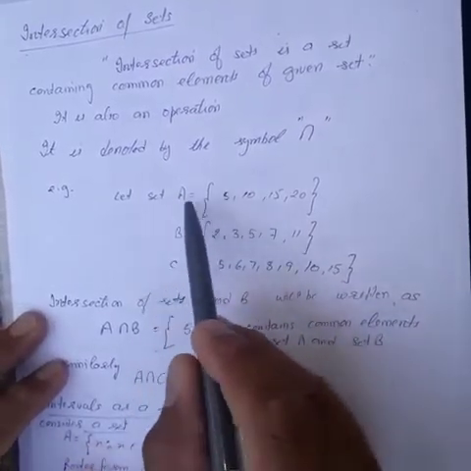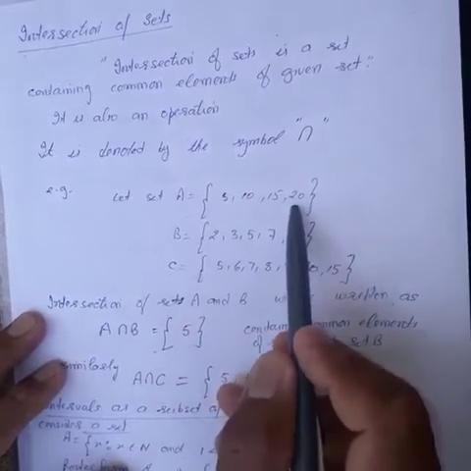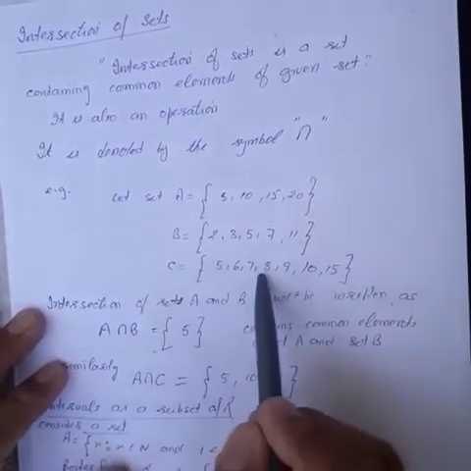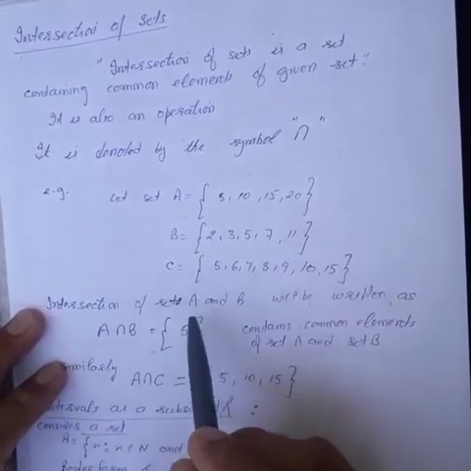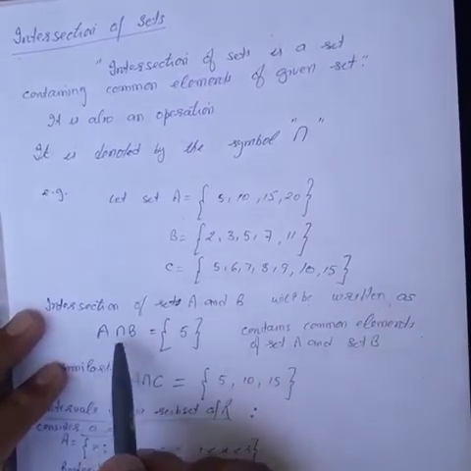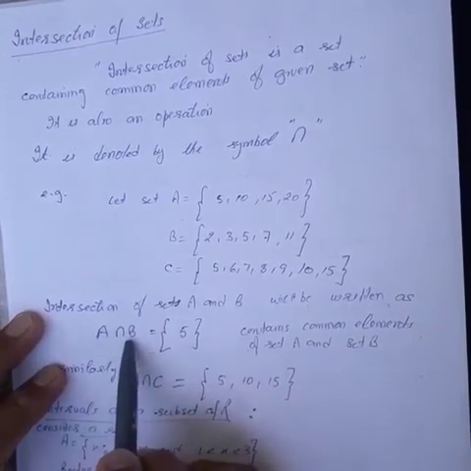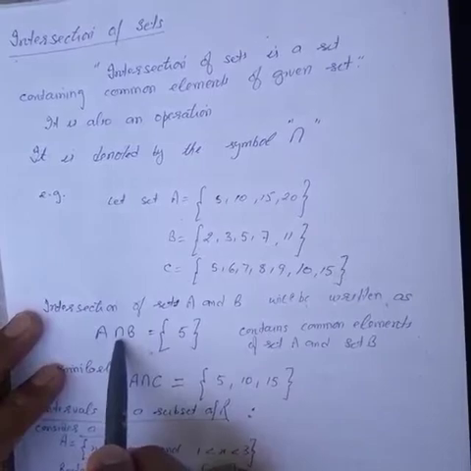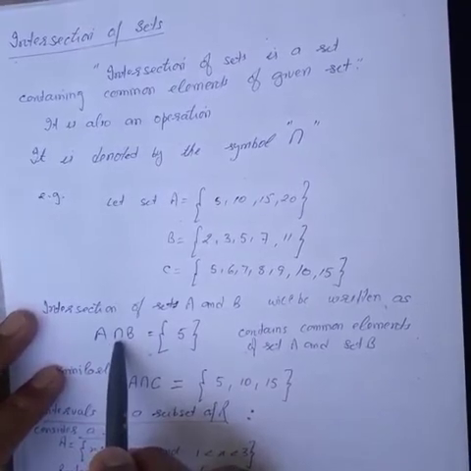Now there is set A containing a few elements, set B containing a few elements, similarly set C. Intersection of sets A and B can be written A ∩ B. We will pronounce it as A intersection B. This is the symbol which we are using in place of the word intersection.